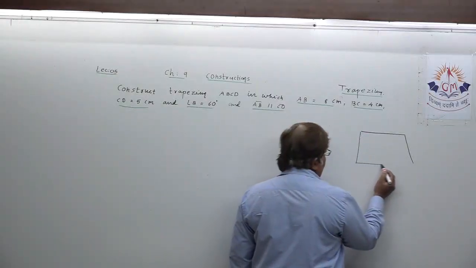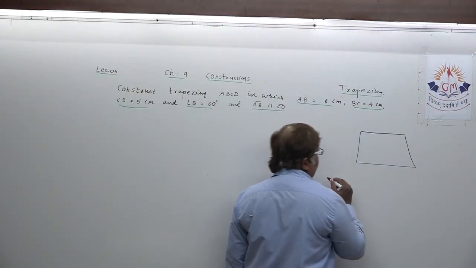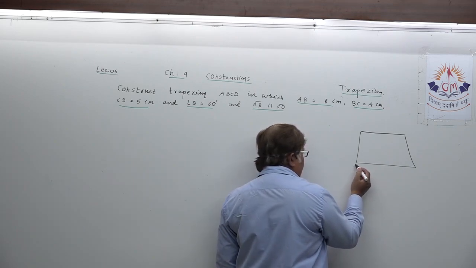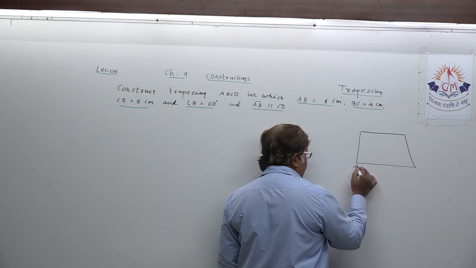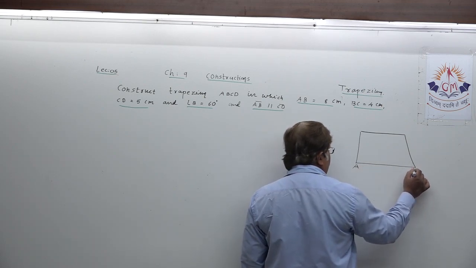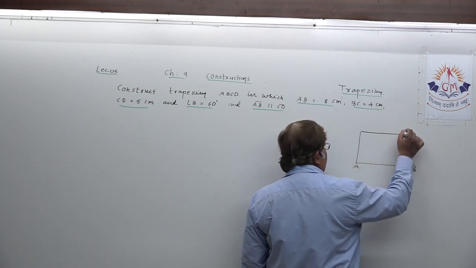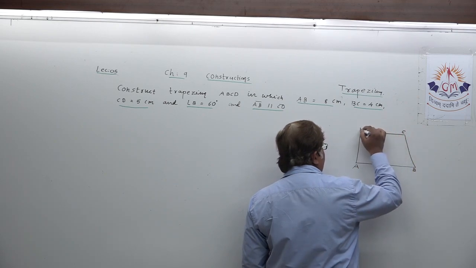Okay, just the rough sketch. I will take one of the parallel sides as base, AB and CD.